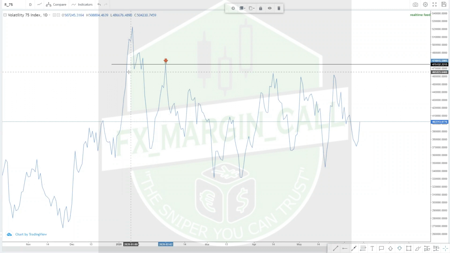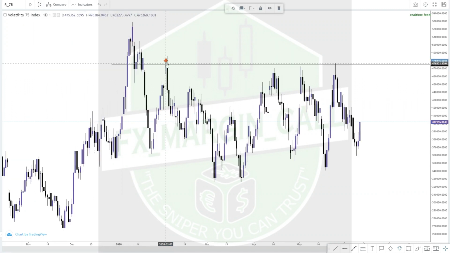This was a support now turned resistance. The market retested this level that it broke out of, pushed price to the downside, came back to retest it a second time, then a third time, and then we had a fourth retest, resulting in the formation of R1, R2, R3, and R4. So that's the reason why we had that push to the downside.